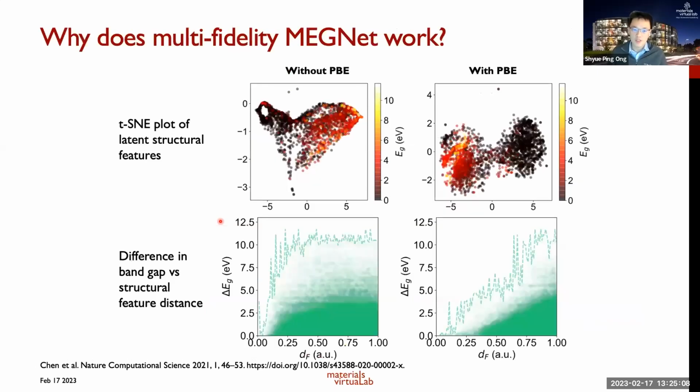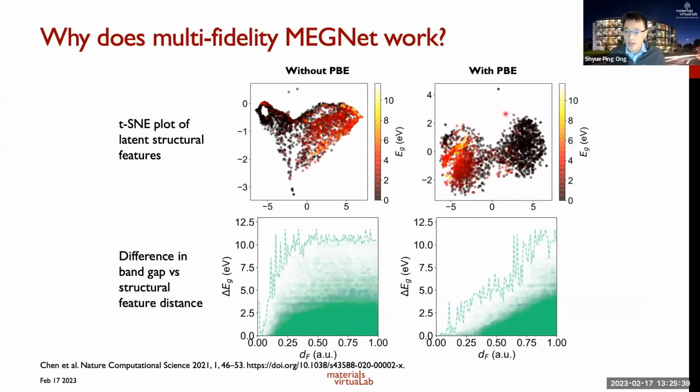And it turns out that if you plot the t-SNE plot of the latent structural features with and without the PBE data, you actually can see the reason why incorporating the PBE data, even though it is inaccurate, is so valuable, right? Without the PBE data, you do not get a very good separation of the latent structural features. You can see that all the high bandgap materials, which are the lighter points, are mixed in with the low bandgap materials, which are the darker points, right?